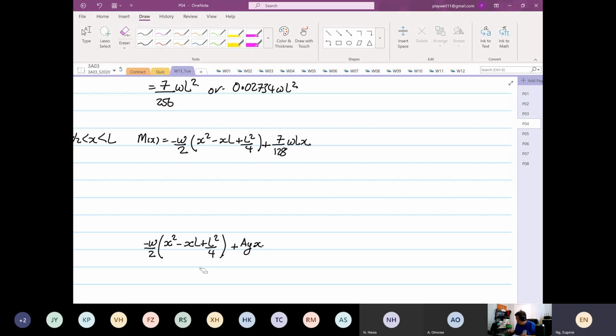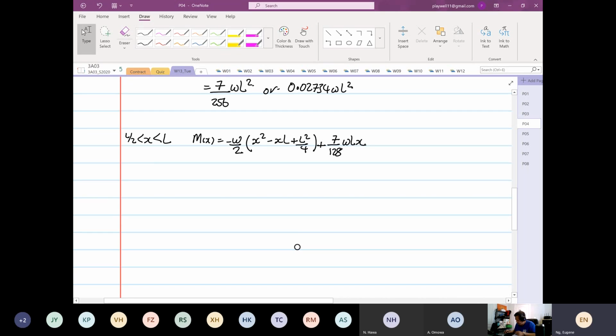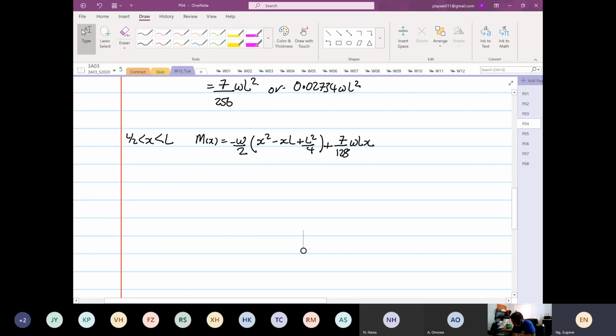So the next thing that we do now, we're going to substitute x is equal to L. So it's the last point. So M when it's at L distance is minus omega over 2 times L squared minus L squared plus L squared over 4, plus 7 over 128 omega L squared.